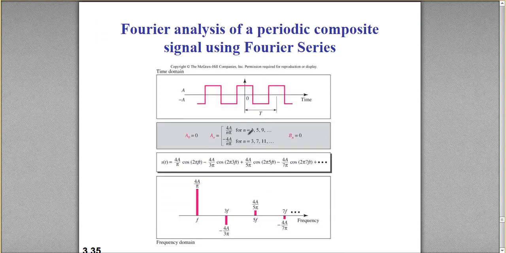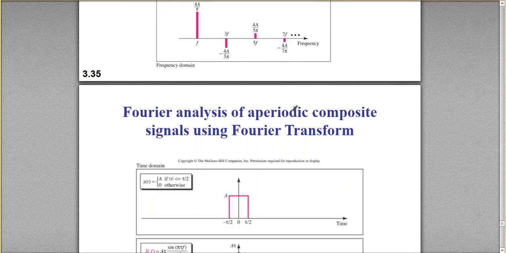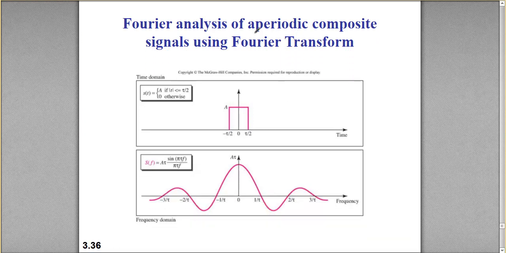In the case of a periodic composite signal, Fourier analysis is carried out by finding the Fourier series of the composite signal, while in the case of a non-periodic composite signal like this, it is carried out by finding the Fourier transform of the composite signal.